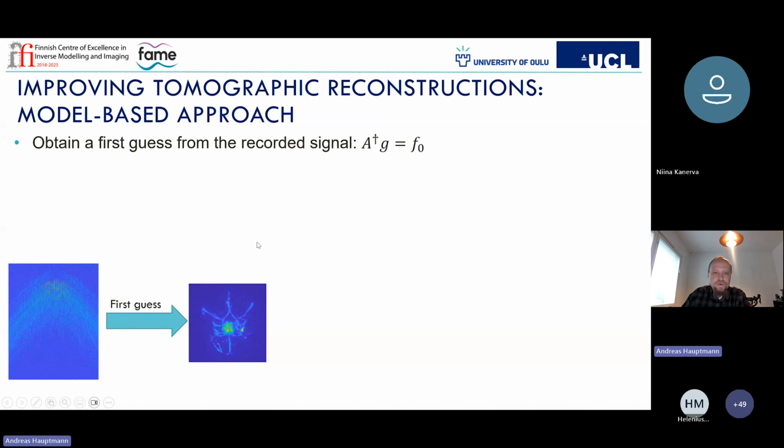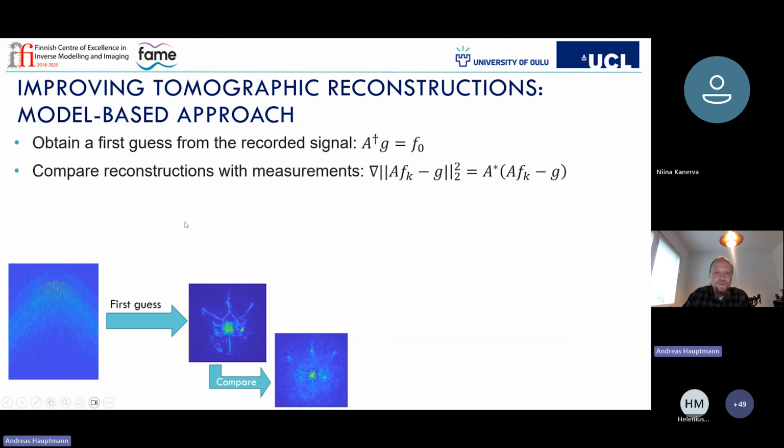Then we compute an update by comparing our measurements with the reconstruction of our measurements. Here we just evaluate the data fidelity, or in fact, we compute the gradient of it. The gradient would tell us in which direction we would need to improve our reconstruction. That's pretty useful information.